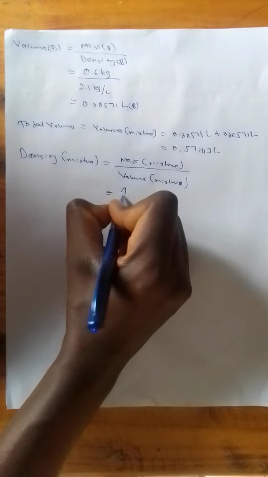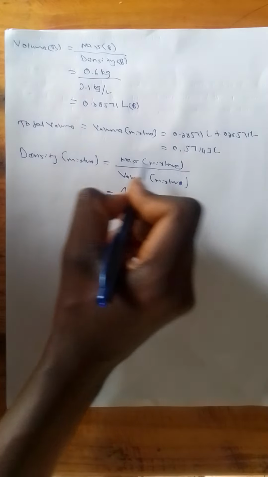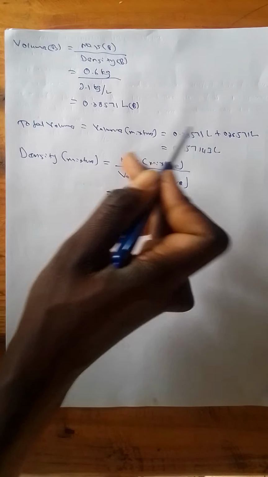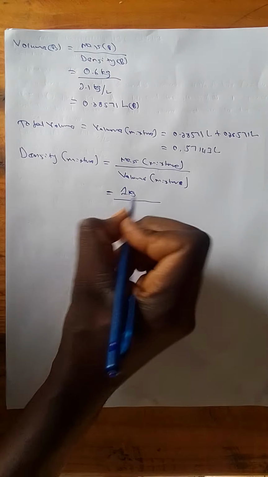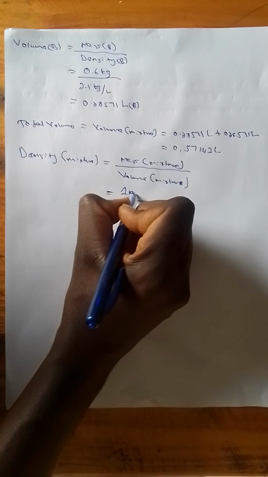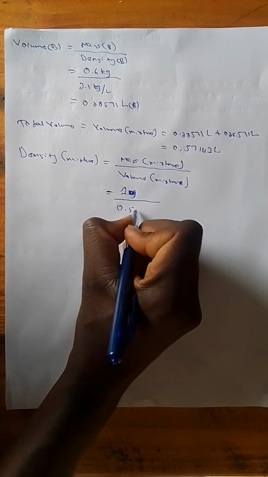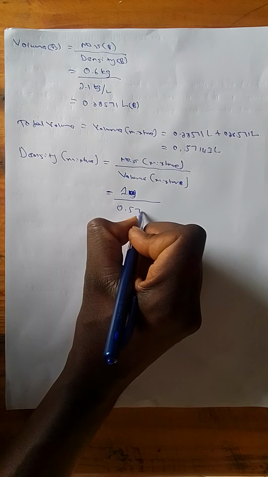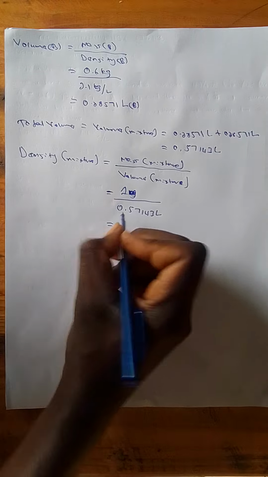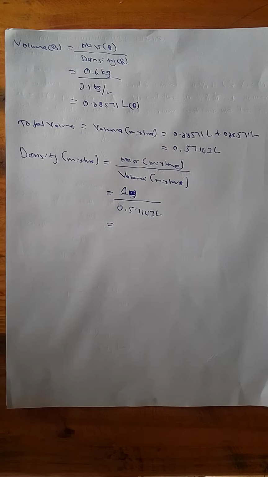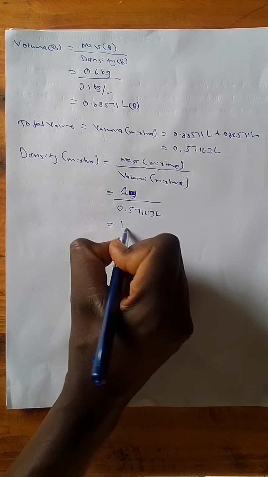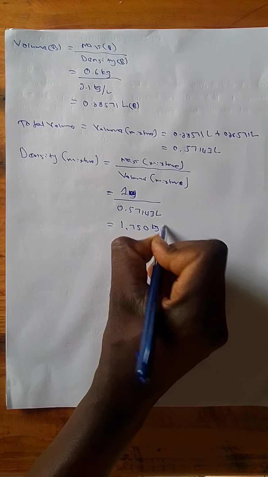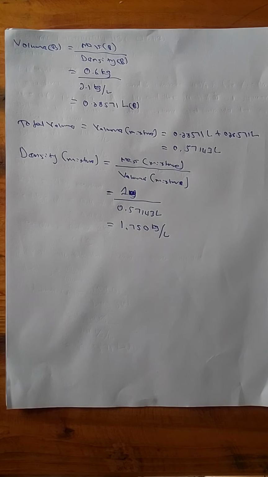So in the mass we have 1 kilogram over the volume of the mixture, which we calculated from the individual volumes of the two liquids. The total of it is 0.57143 liters. Now the density becomes 1.750 kilograms per liter.